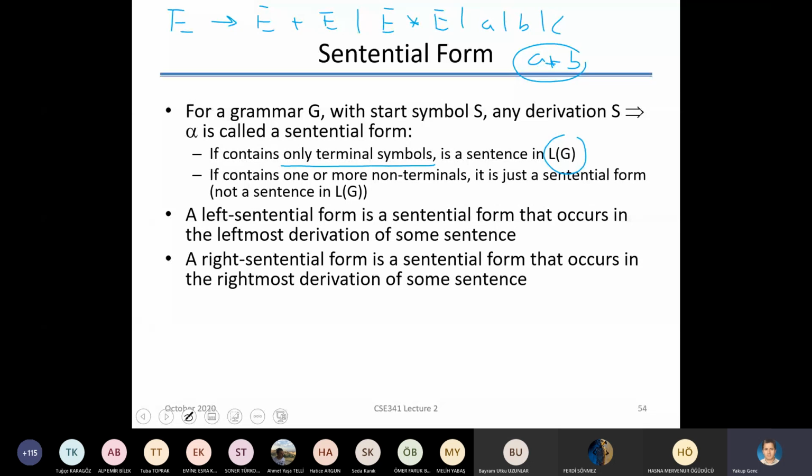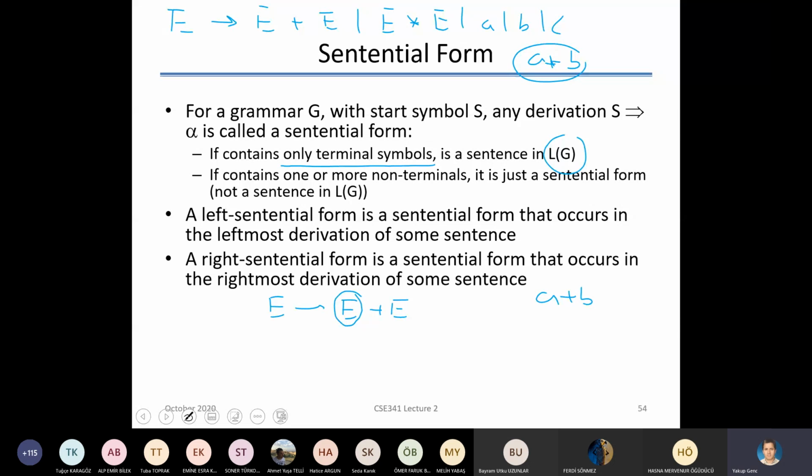Okay, and then if I am doing some sort of bottom-up thing for this one, I would have, for example, A plus B. And if I'm doing a leftmost derivation, let's say we start from E goes to E plus E, a leftmost derivation, if you recall, should try to eliminate the leftmost non-terminal.